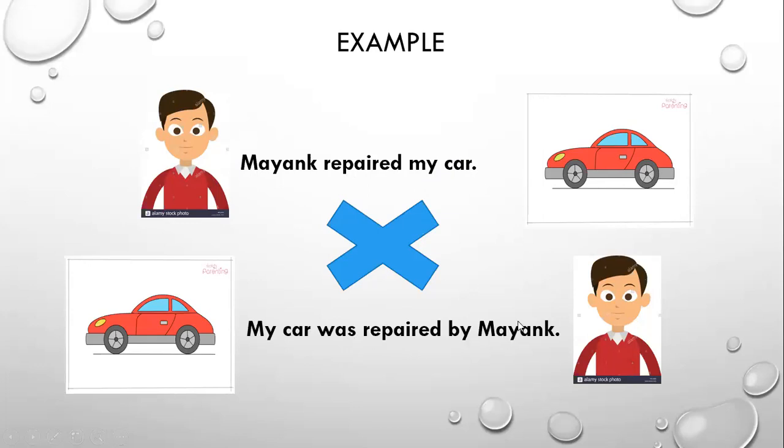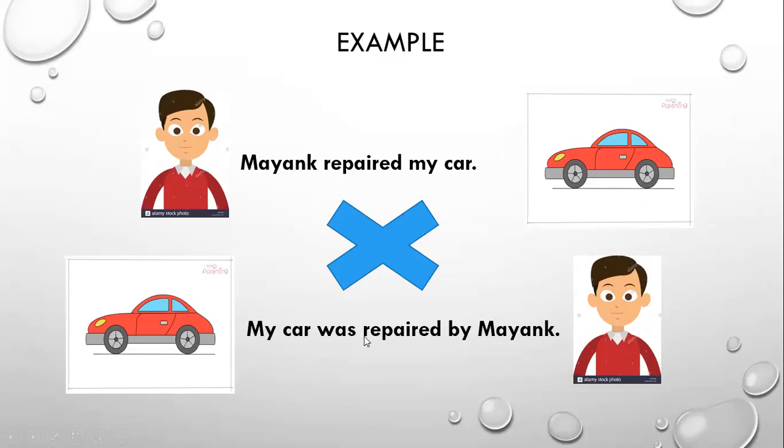Here I am giving importance to my car, like my car was repaired by Mayank. Sometimes if I don't want to say by Mayank, I simply say my car was repaired. It is not necessary that we give the name of the subject, who did it. Here the main emphasis is given on the object, on whom the work was done or what work was done.